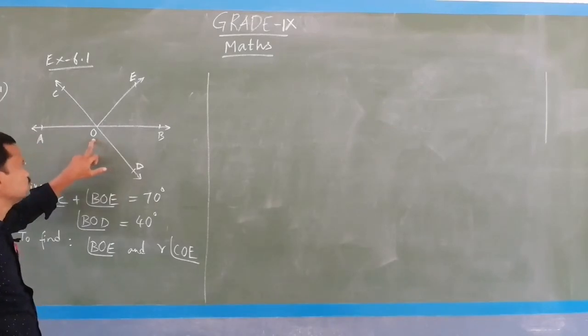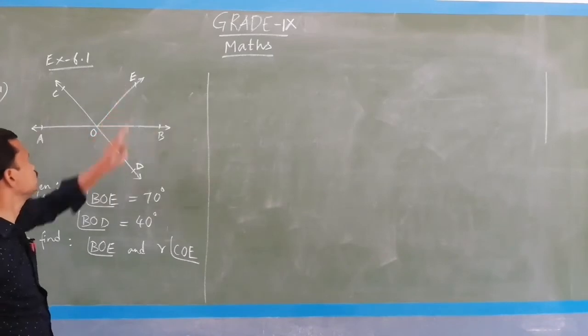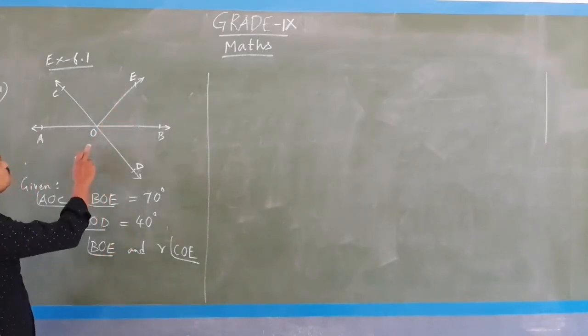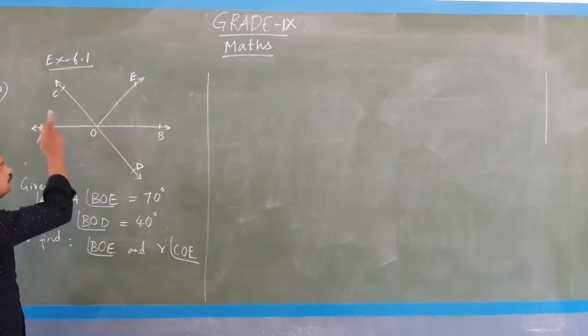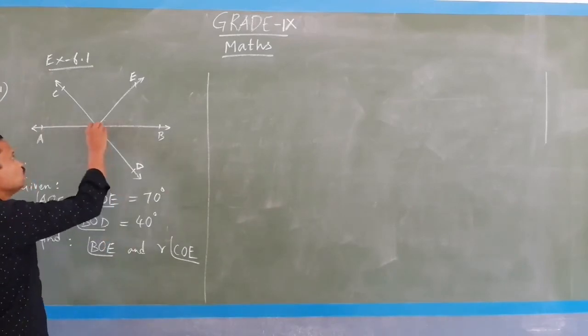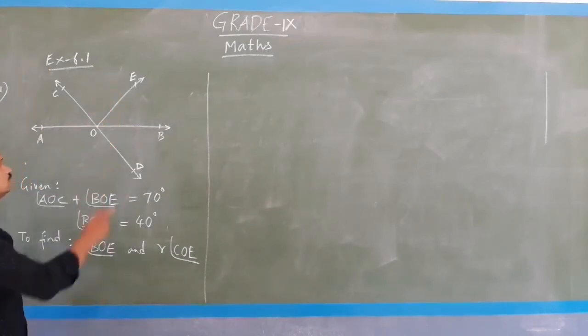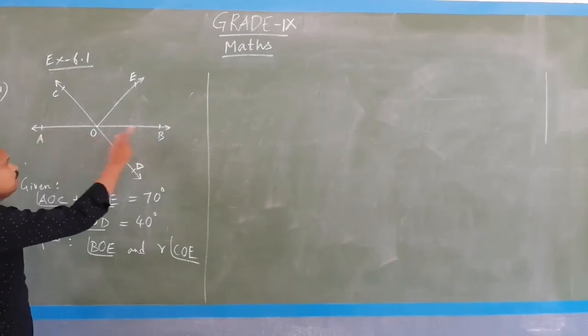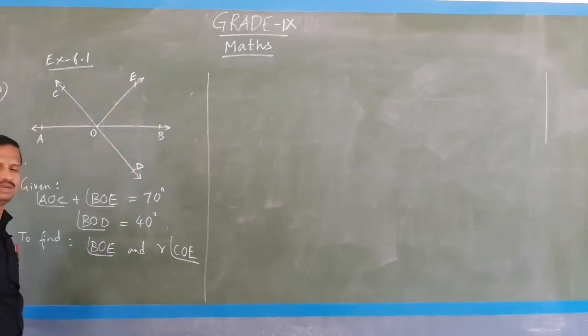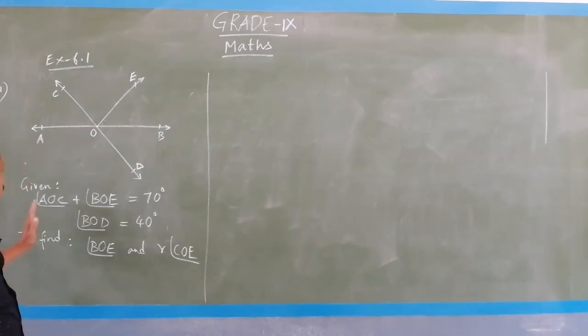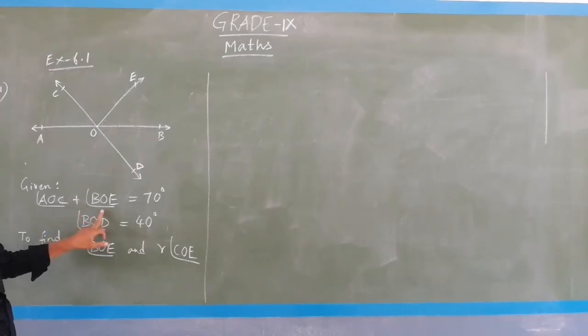OE is the ray which stands on the line CD, and the same OE stands on AB, like that we can take.